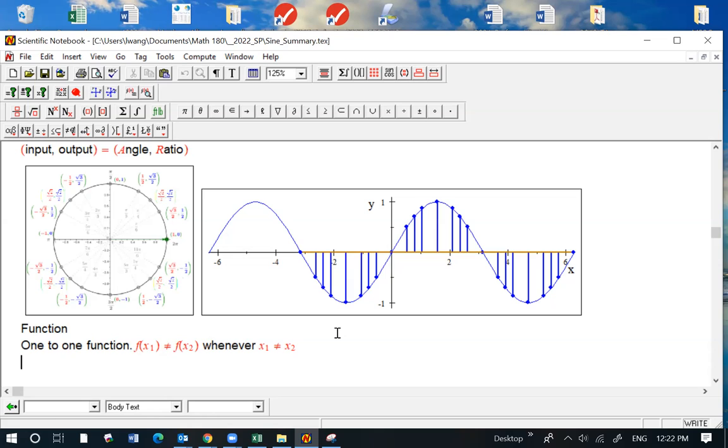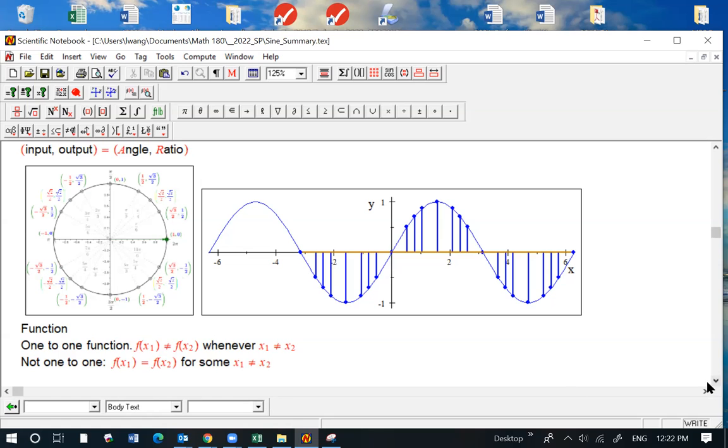We have also learned what not one-to-one is. Not one-to-one is saying not equal becomes equal. The opposite of one-to-one: the output will be equal, whenever turns into for some. For some different inputs, the outputs are the same.